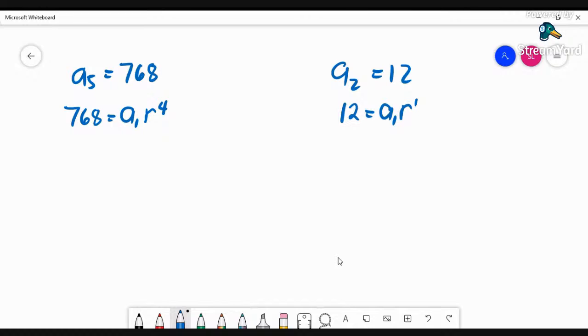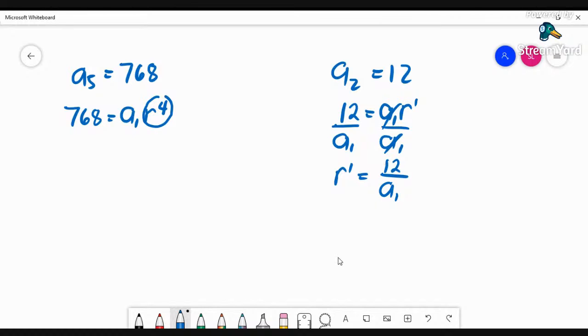Okay, so therefore, R raised to 1 is equal to 12 over a sub 1.